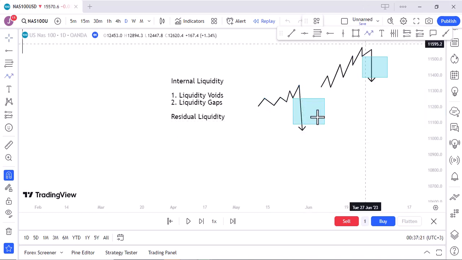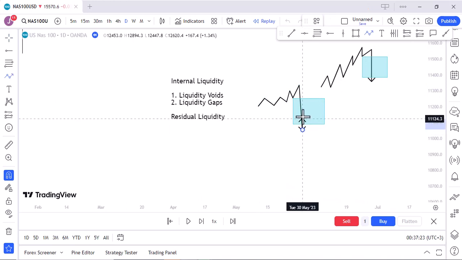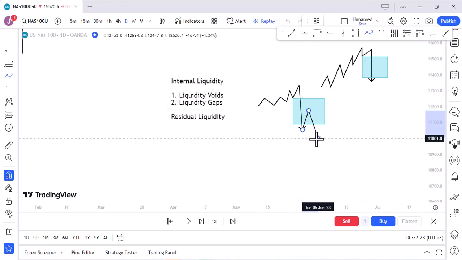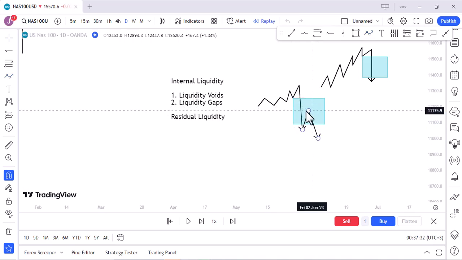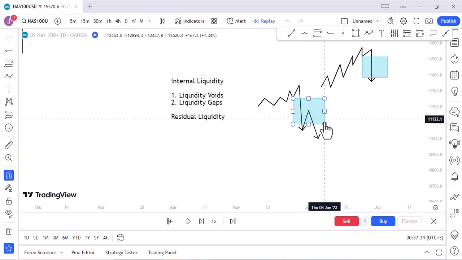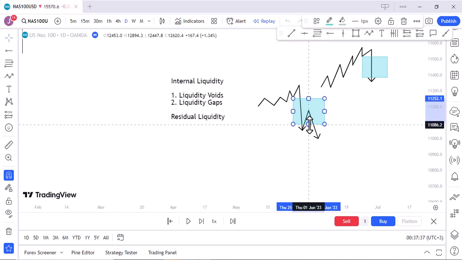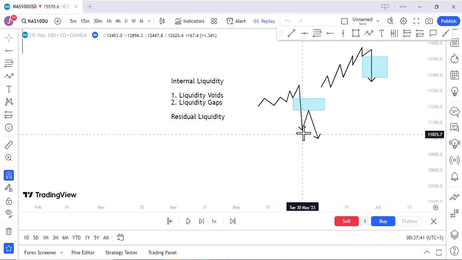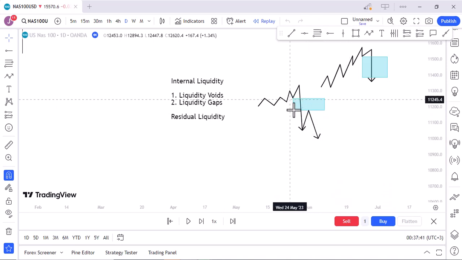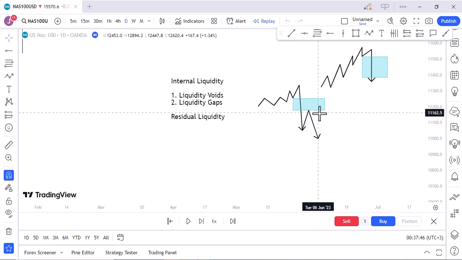So let's say price starts going back up, and then turns right there and goes back down. What this means is a portion of the liquidity that was here has been collected. So the residual liquidity will then be this liquidity here, but now it will no longer be a liquidity void, rather it will be a liquidity gap.